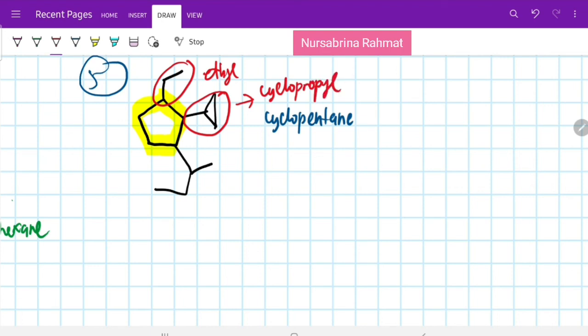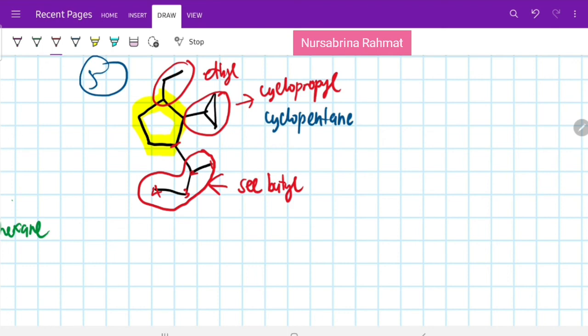And there is another substituent here, which has 1, 2, 3, 4 carbons, so it's butyl. But the carbon at my parent chain is attaching to the second carbon of my substituent, so this is sec-butyl. It's a special kind of branched substituent.